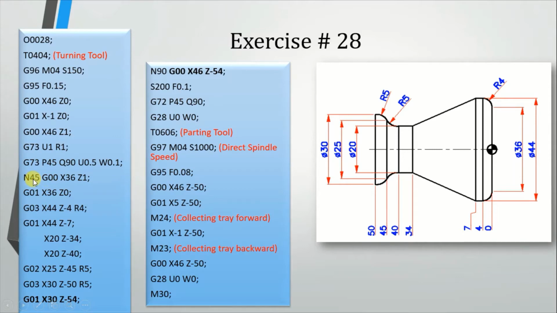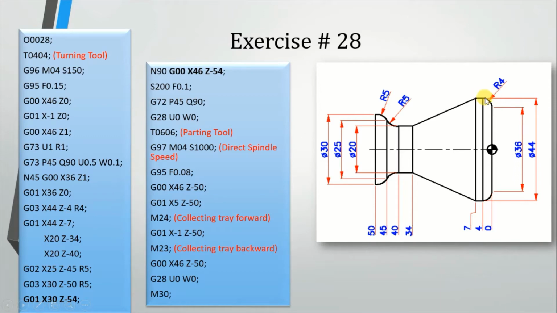So from here this is the first line of the shape, N45 G00 X36 Z1, the tool will come rapidly here, just 1 millimeter near to the workpiece. In the next line, G01 X36 Z0, the tool will touch here, and then G03 X44 Z-4, which is here.